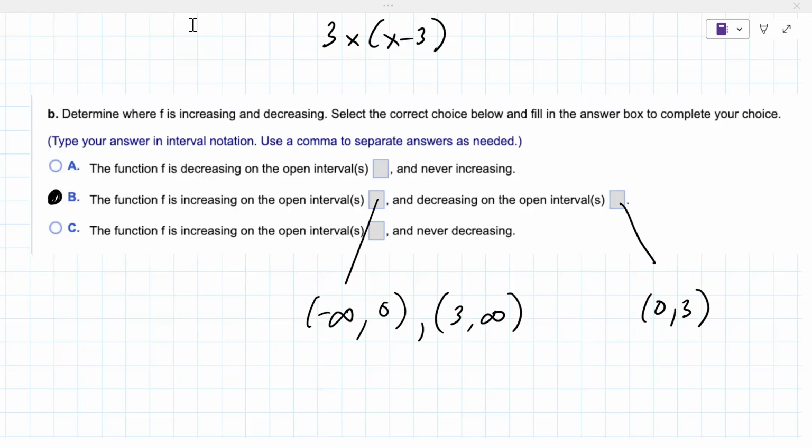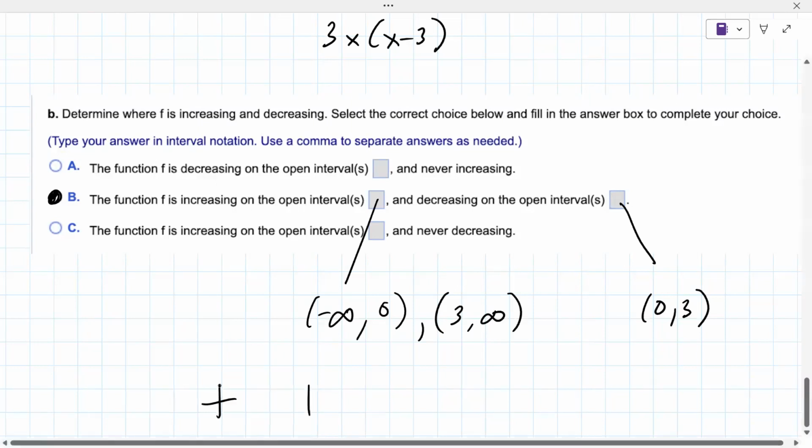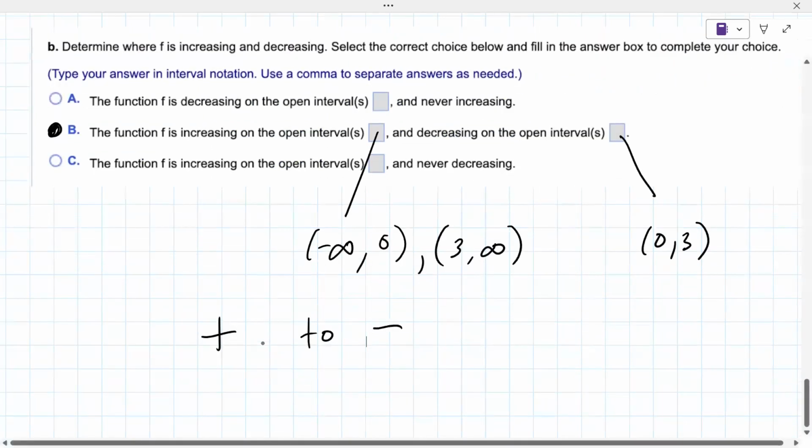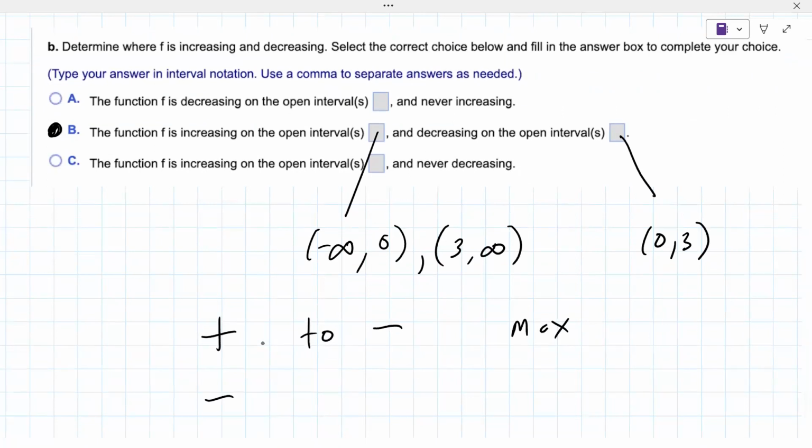Right. So now mins and maxes. If you go from a plus to a minus, that's a max. And if you go from a minus to a plus, that's a min.